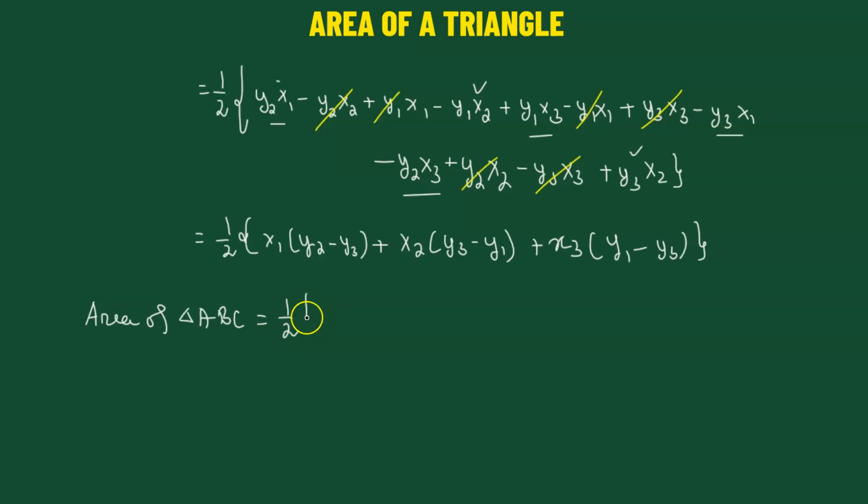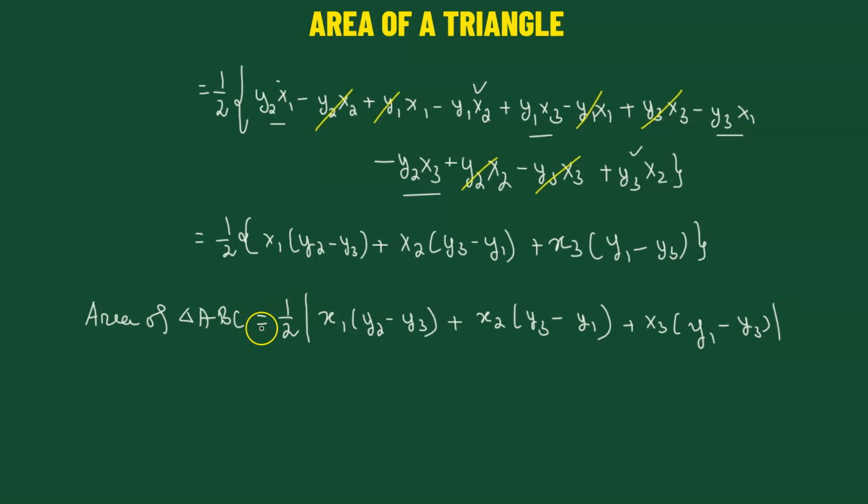So we'll take half, then multiply to the magnitude of x1 times y2 minus y3 plus x2 times y3 minus y1 plus x3 multiplied to y1 minus y3. So this is how we can find out the area of a triangle if the coordinates of the vertices are given to us. So let's try to implement this particular formula with the help of few examples.